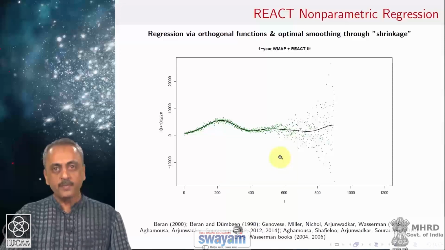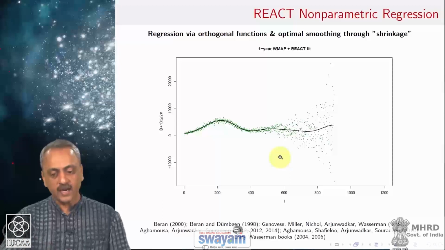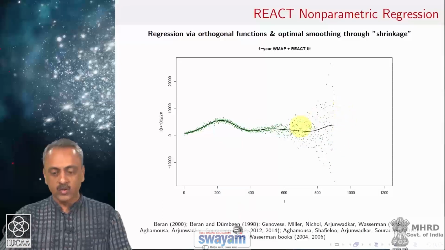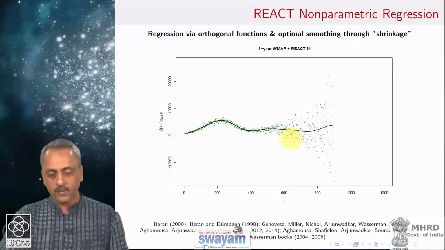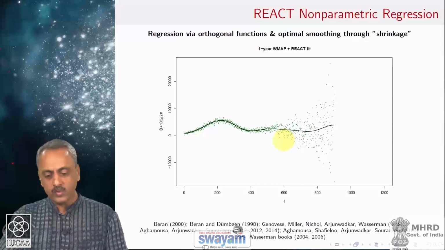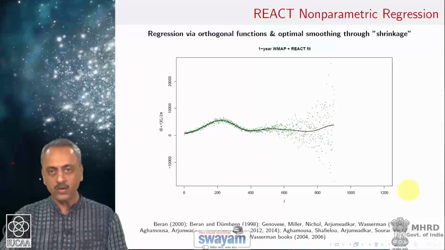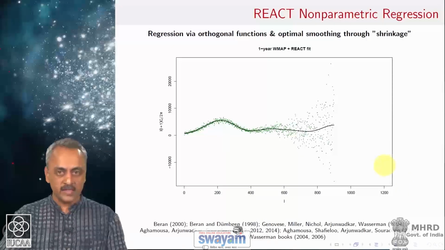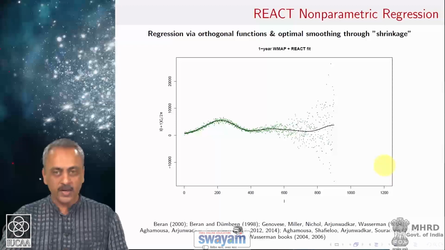Once you do that, it induces correlations in the data, and those correlations reflect in the CMB power spectrum also. So, you have got two statistical characteristics in this data. One is that of variability which changes with multipole. This phenomenon is called non-constant variance in the statistical literature, or there is a complicated word for it, it is called heteroscedasticity.